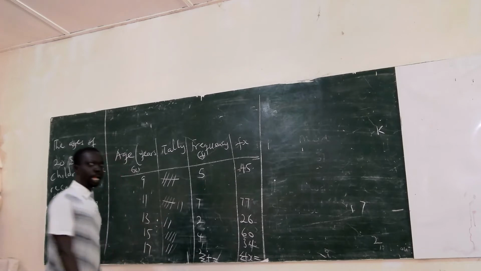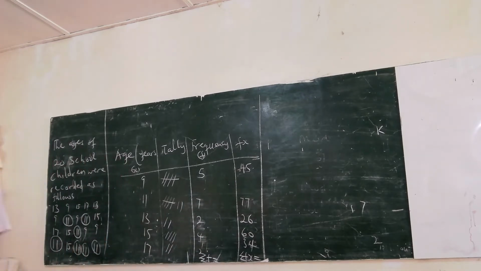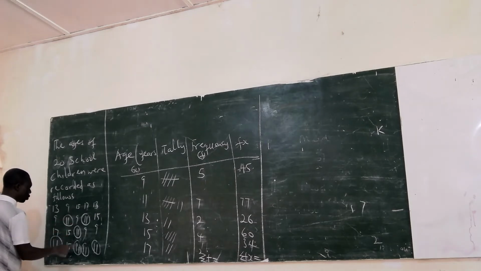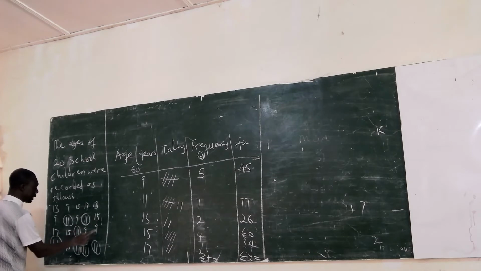Now, the simplest method we use to get our total frequency is you just count the raw data and write the total number of the raw data, okay? So let's count it. 1, 2, 3, up to 20.